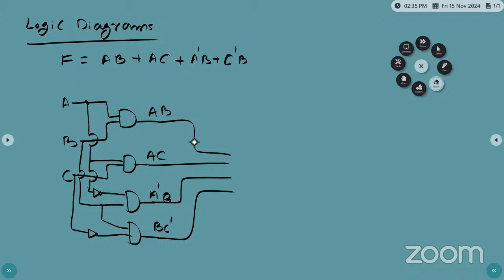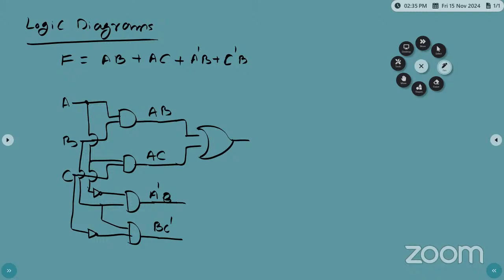Using that 2 input OR gate, you can take it like this.